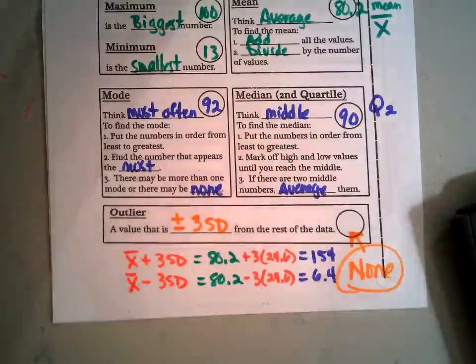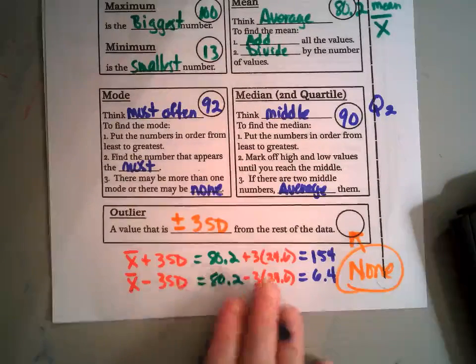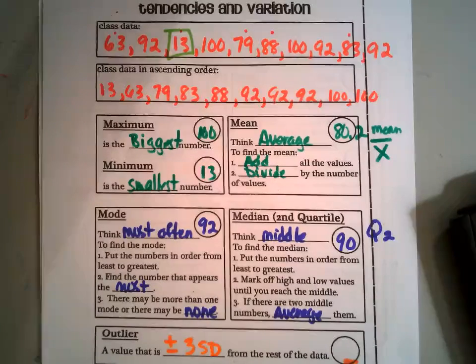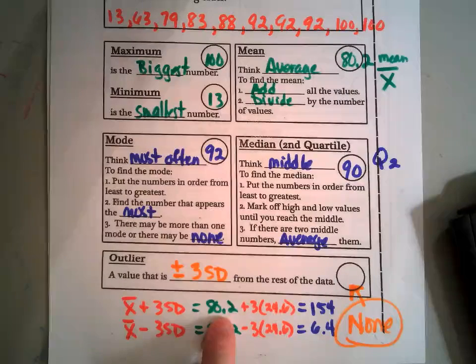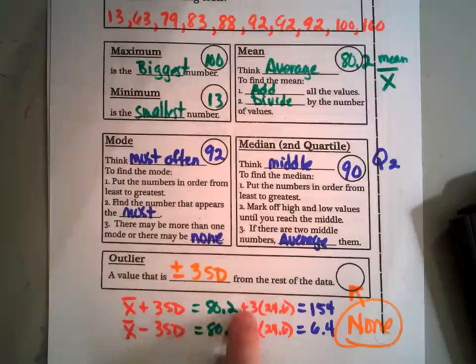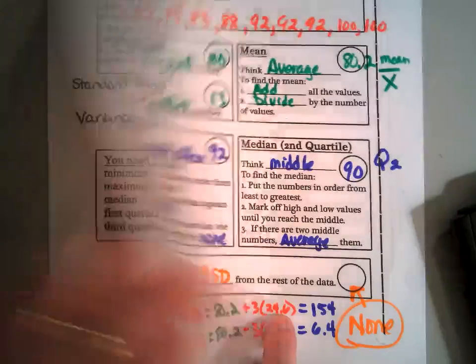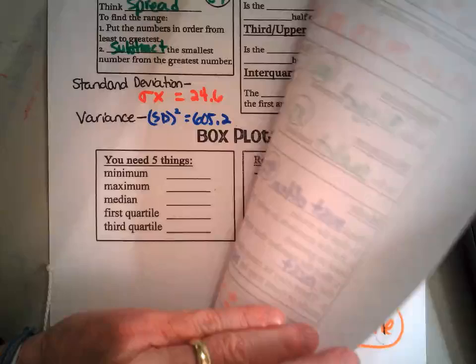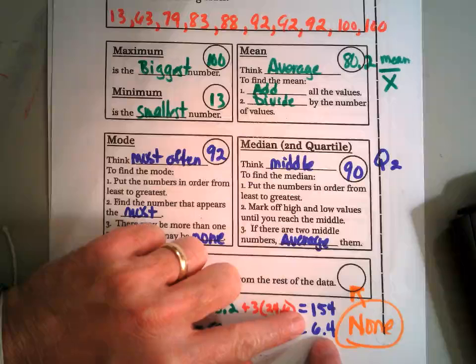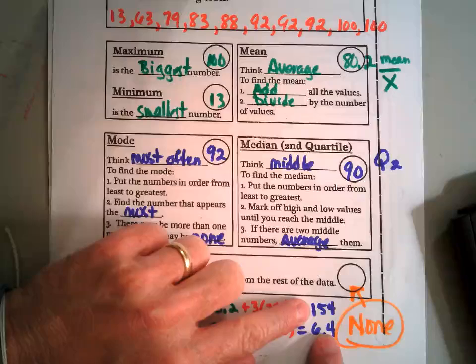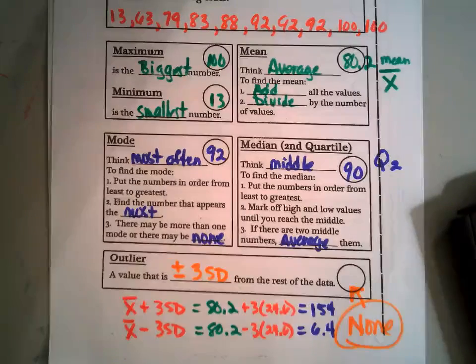This data set that I picked from March 11th, a quiz we took before the COVID-19 break, has no outliers. It's a calculable decision. Take the mean, x bar, add 3 times the standard deviation, 24.6, and then do the subtraction. Are any points outside of this range, lower than 6.4 or higher than 154? We don't have any, so there were no outliers in this data set.